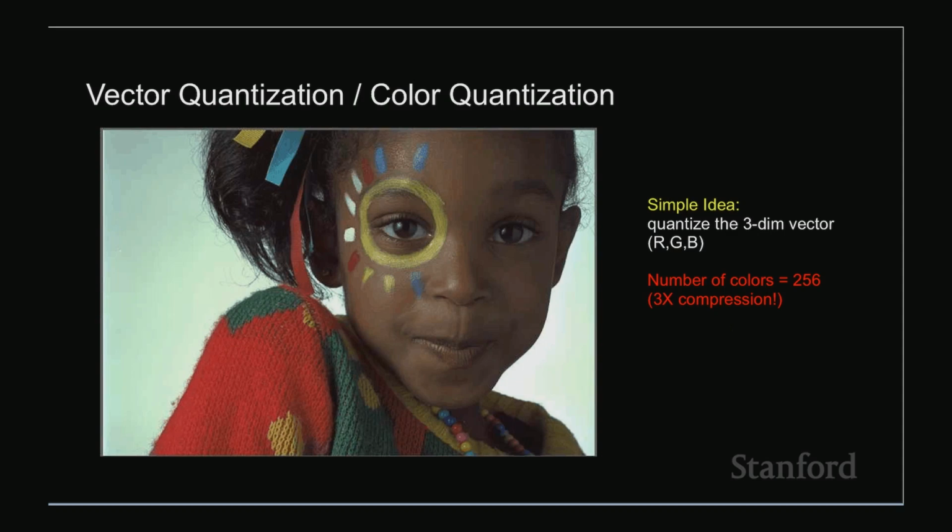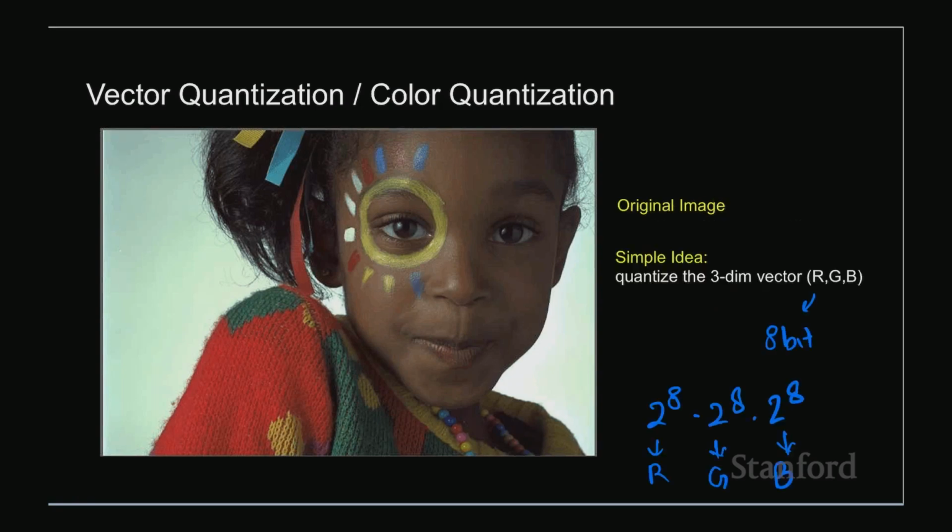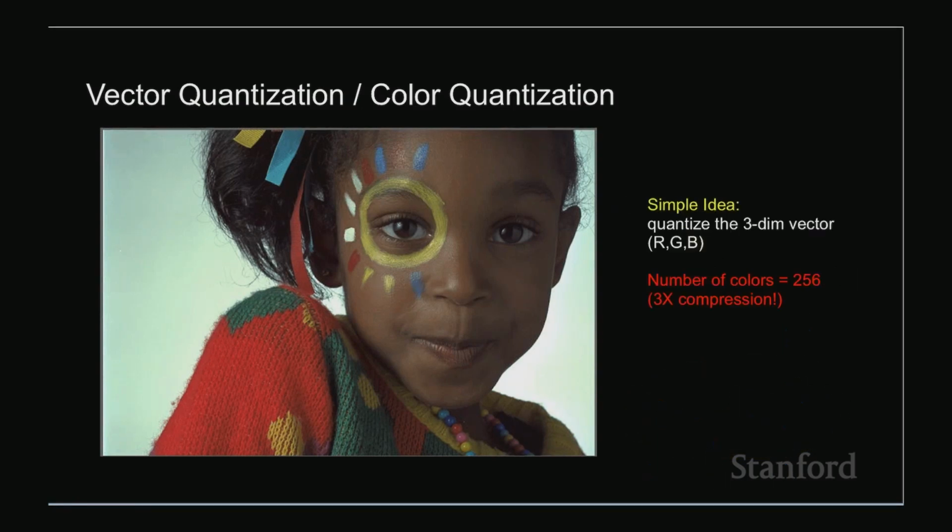Without really bringing any distortion in terms of how the image looks. And the main idea here is that we don't need, whatever this number turns out to be, 2 raised to 24. We don't really need this many colors to represent this image. There are lots of colors which will just never happen. Those are just not natural. So maybe we could have thrown them away. We didn't really have to consider that big a color palette to start with.